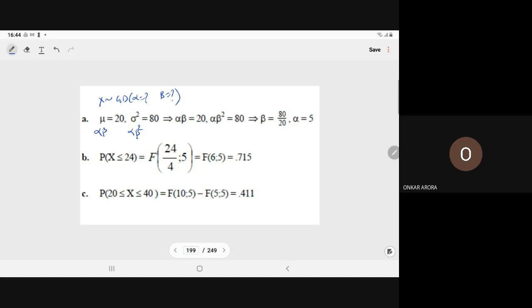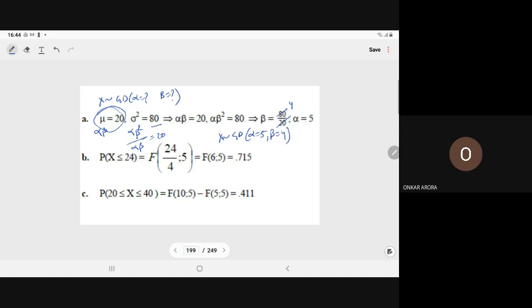So if you divide by alpha beta, it means you divide by 20. So this implies beta is equal to 4. Now when we put beta equal to 4, it will give you alpha equal to 5.